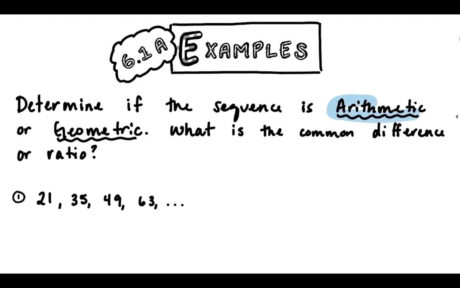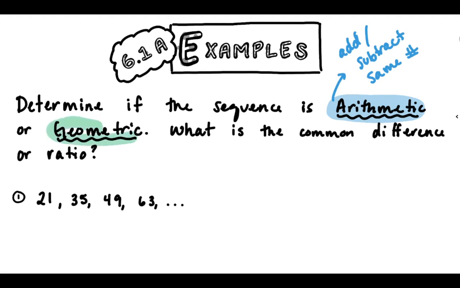Arithmetic, those are sequences where you always add or subtract the same number. And whatever that number is that you're adding or subtracting, that's going to be the common difference.